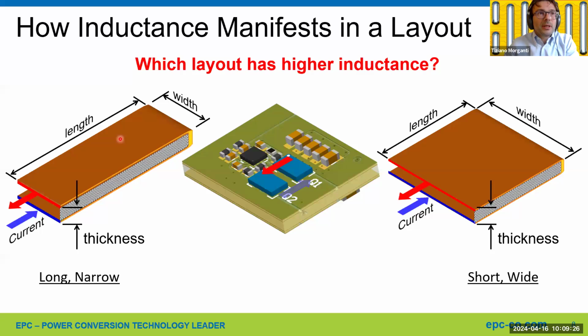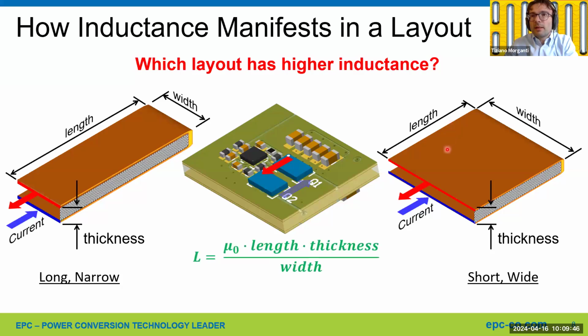In this geometry, the inductance is proportional to the length, proportional to the thickness, and inversely proportional to the width. So if we compare this long narrow design with a shorter and wider design, the inductance of the short and wide design is much lower than the other case.